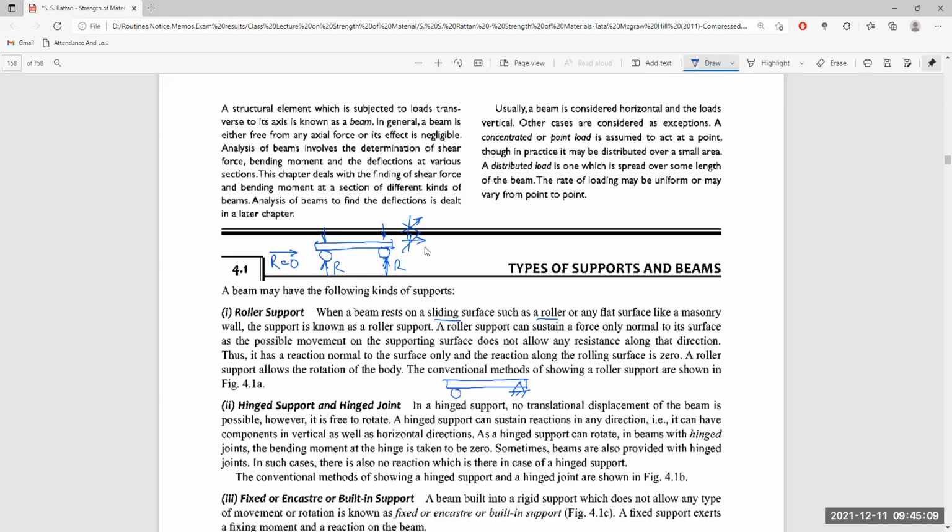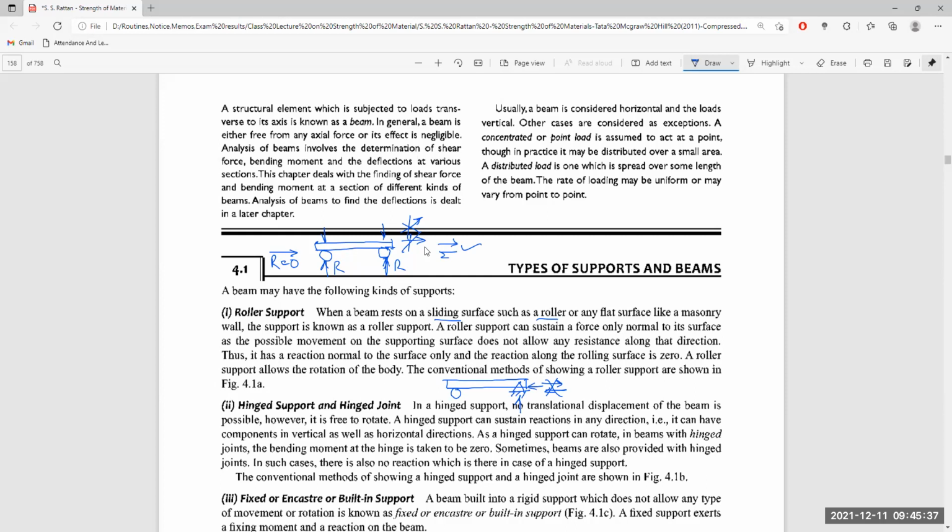But this hinge is not allowing any movement in this direction or in this direction, while the roller support allows movement in this direction. The hinge can sustain a reaction in any direction, so it can have a vertical as well as a horizontal component. So here the reaction can be vertical, and the reaction can be horizontal if possible.